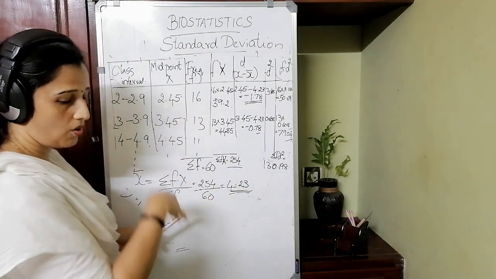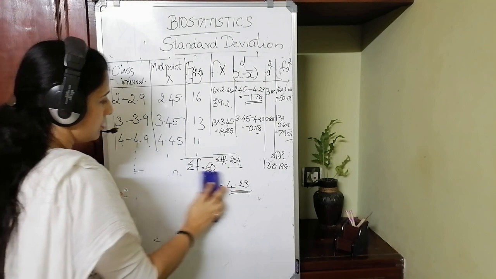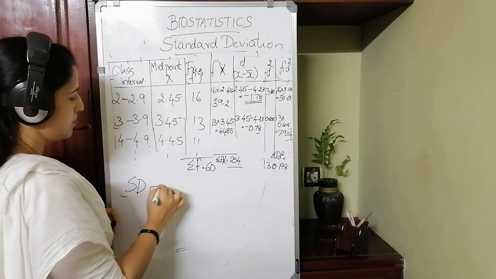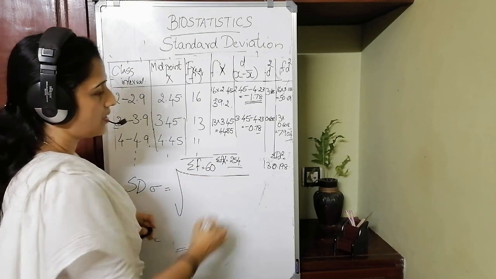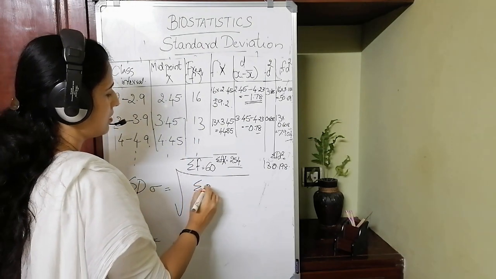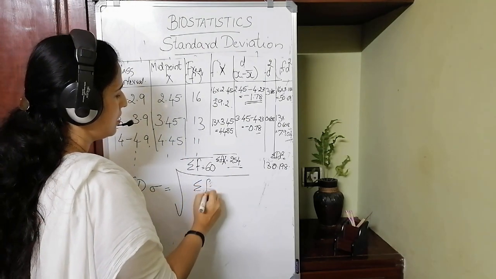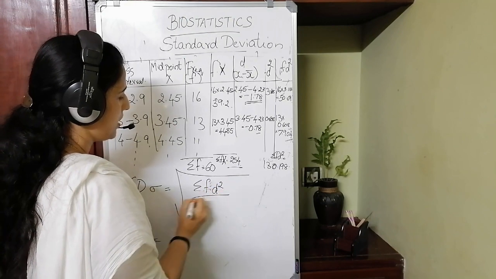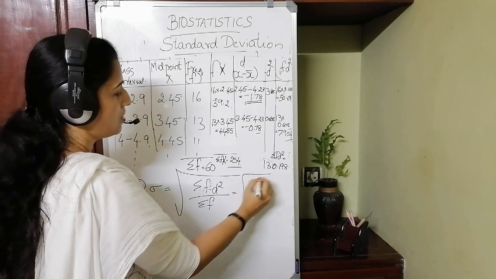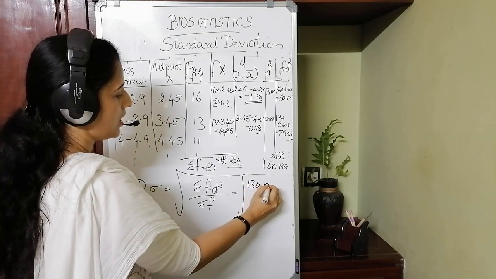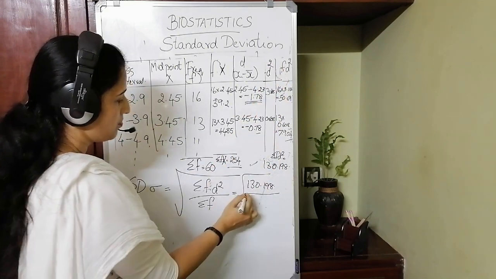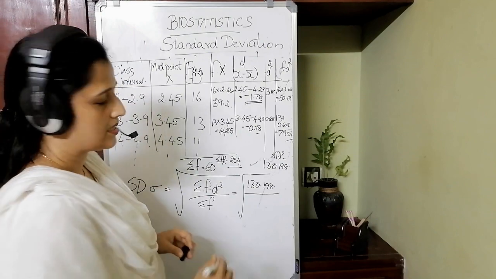So we'll substitute all the values in the equation. That is standard deviation or sigma is equal to square root of sigma f d square divided by sigma f, that is equal to square root of 130.198, that is sigma f d square, divided by sigma f, which is 60.